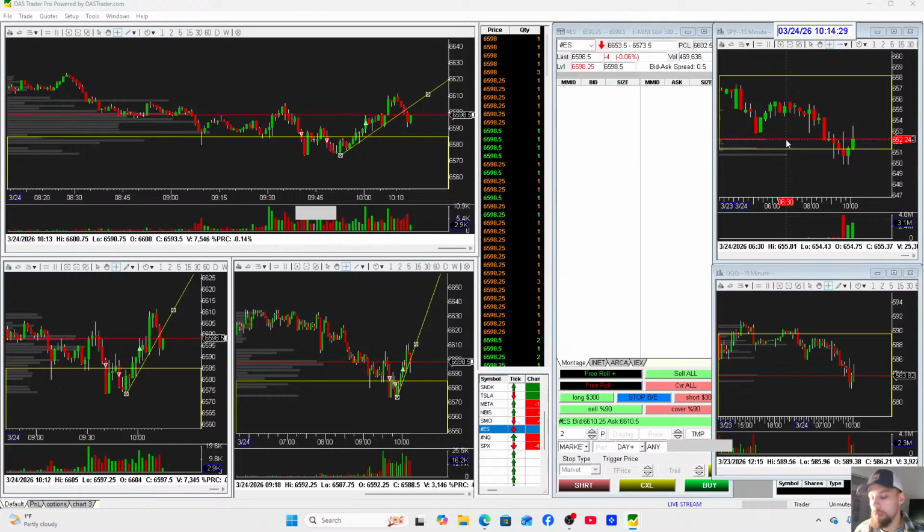The 15-minute candle closes in 30 seconds. It's getting bought up.